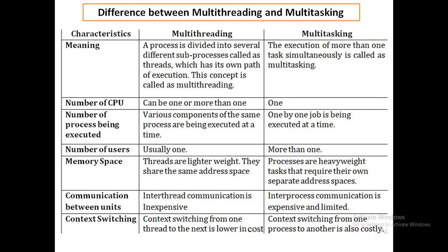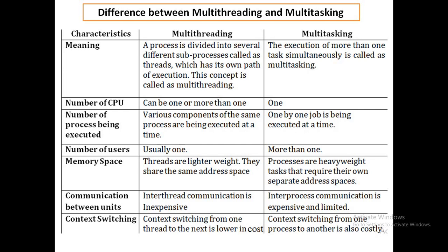For communication between units, inter-thread communication is less expensive, whereas inter-process communication is expensive and limited. Context switching from one thread to the next is lower in cost, whereas context switching from one process to another is costlier.